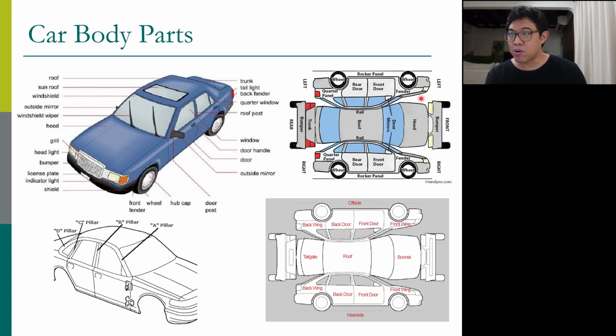For example, the front hood in the US is called the bonnet in the UK. The trunk in the US is called the tailgate in the UK. The fender is called the front wing in the UK. There are also some Thai words.